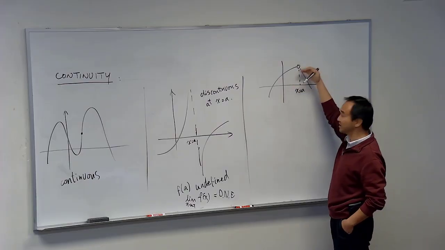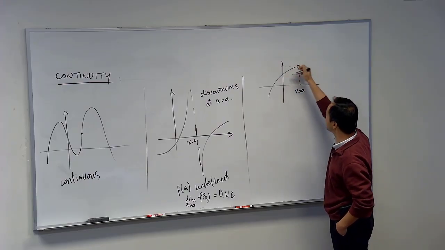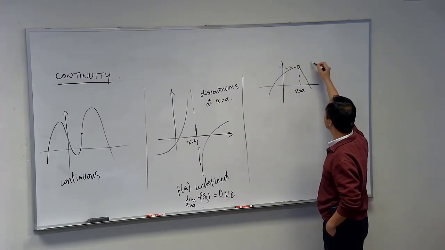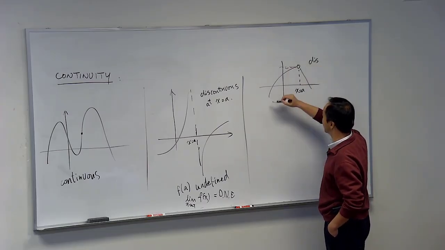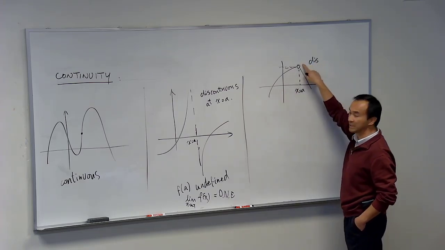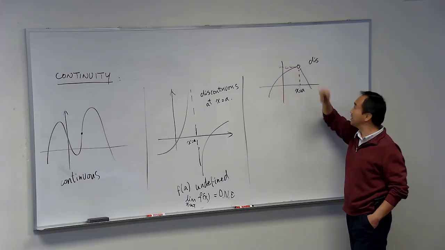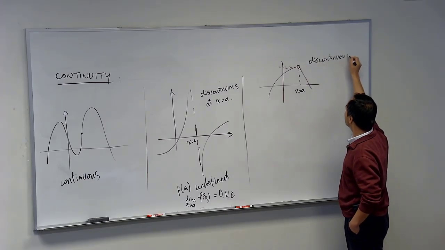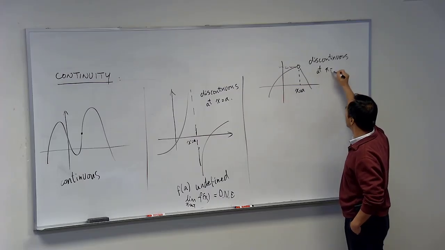The limit does come to some value here, but unfortunately we have an empty point here. So in this case, yes, the graph is discontinuous again, because in terms of drawing it, we definitely have to lift up the pencil to leave out that empty hole right here. So the function is discontinuous at x equals a again.